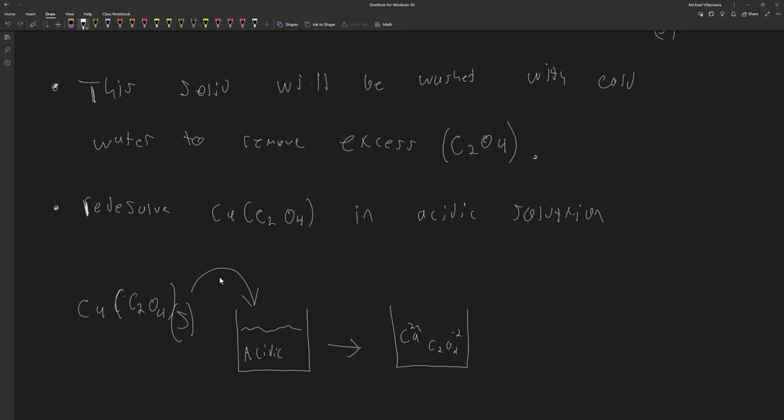And what's going to happen is we could then titrate with KMnO4. So the KMnO4 is going to react with the C2O4 as it did previously, and we're going to determine the concentration of the C2O4 now. And the C2O4 is going to equal the concentration of the calcium.